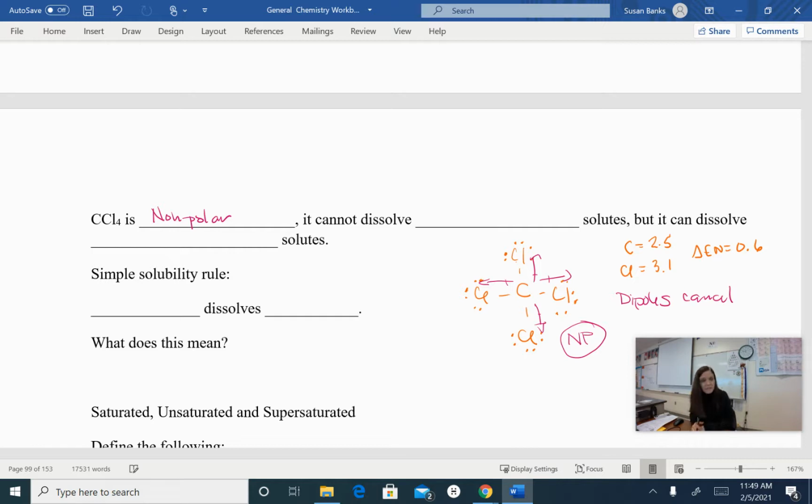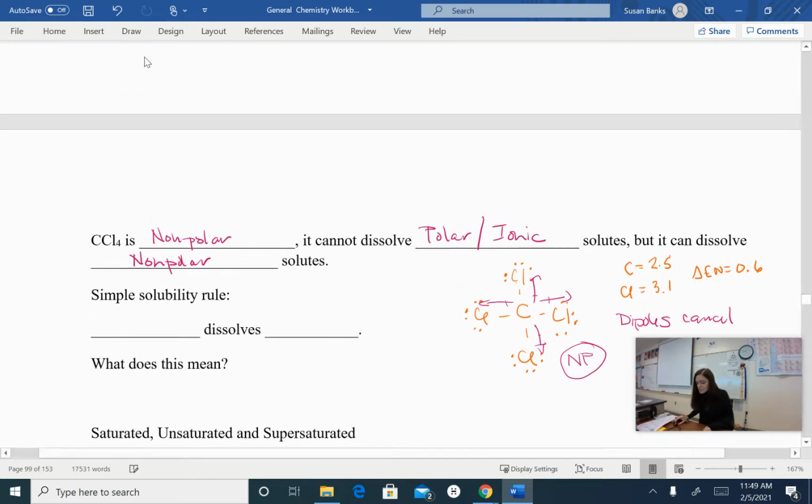So it can't dissolve polar or ionic solutes because polar and ionic solutes have poles. They have positive ends and negative ends. But it can dissolve nonpolar solutes. So things that do not have poles, that have equal electronegativity all around it, nonpolar things can dissolve that.